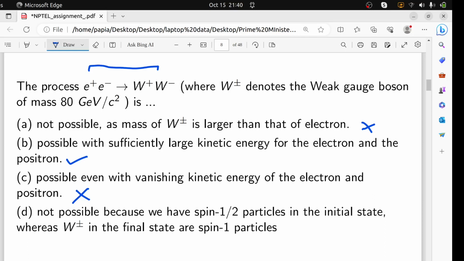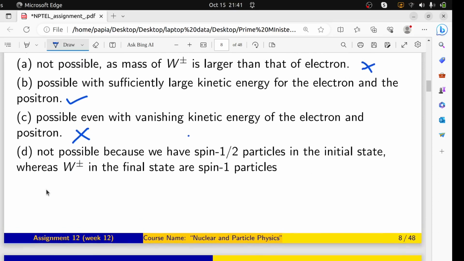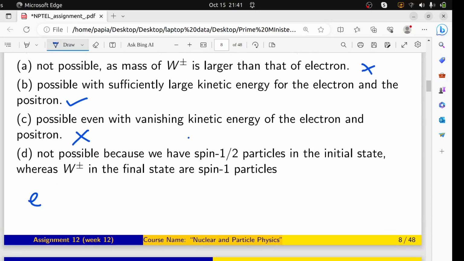In that option, they have shown that as e+ and e- are spin half particles, and the W+ and W- are spin 1 particles, this reaction will not be possible. So let us just calculate whether it is correct or not.